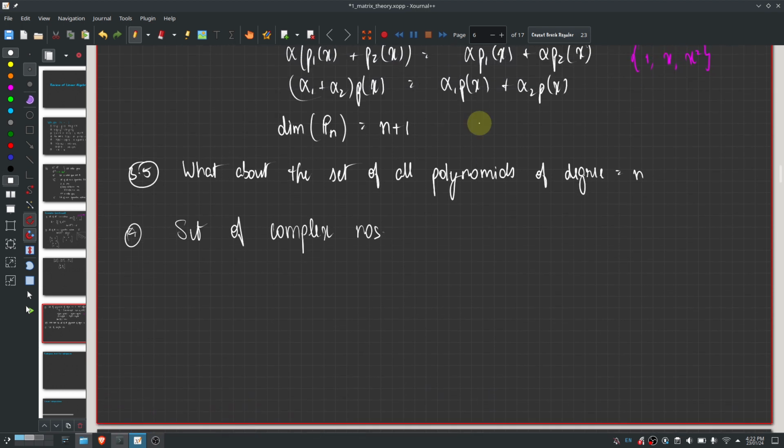What about the set of all complex numbers? Again, the underlying field is the set of real numbers.